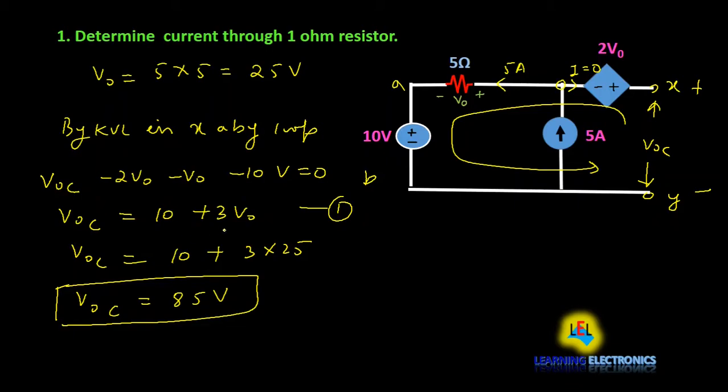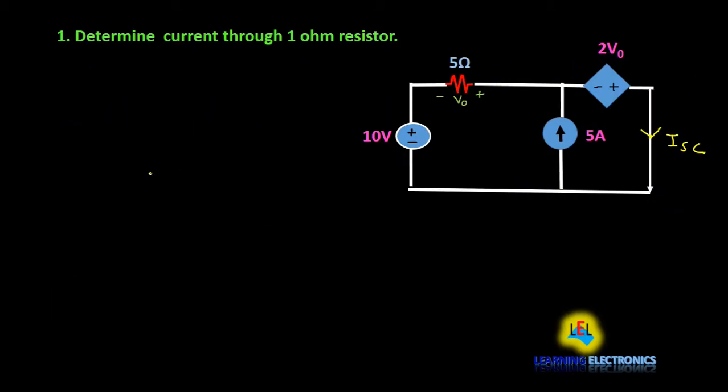Now we have to find out the short circuit current. For this we have to short these open circuit terminals like this. Now let us assume one current through this 5 ohm resistor, that is IX, and let this node be node number 1. Now we apply KCL at node 1. By KCL we know that sum of incoming current is equal to sum of outgoing currents.